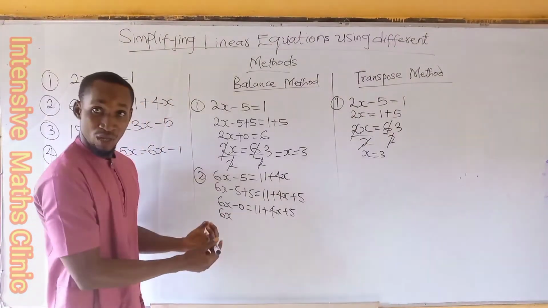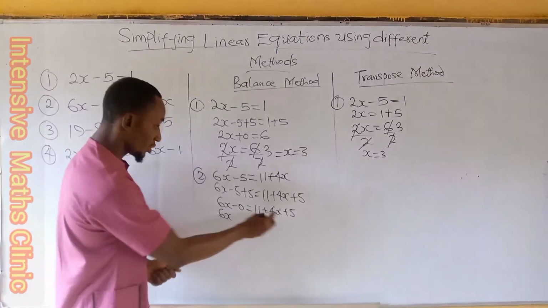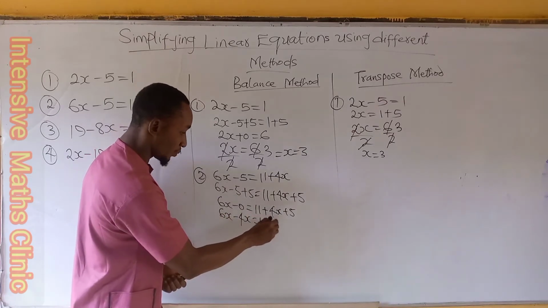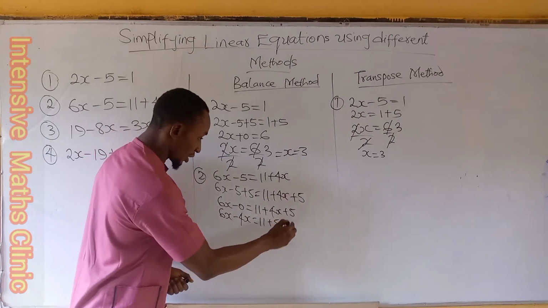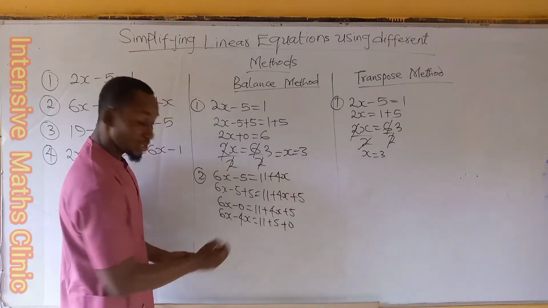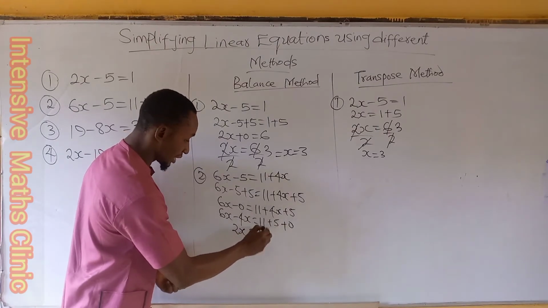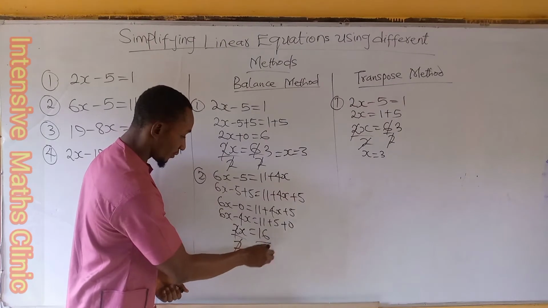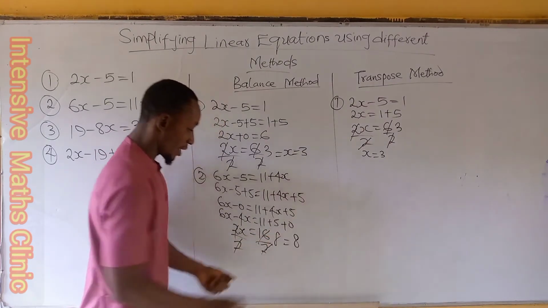Those that have x will be on one side, while the numbers without x will be at the right hand side. So plus 4x becomes minus 4x, equals 11 plus 5. 6x minus 4x is 2x, equals 16. We divide both sides by 2, and we have x equals 8. We have 8 as our x.